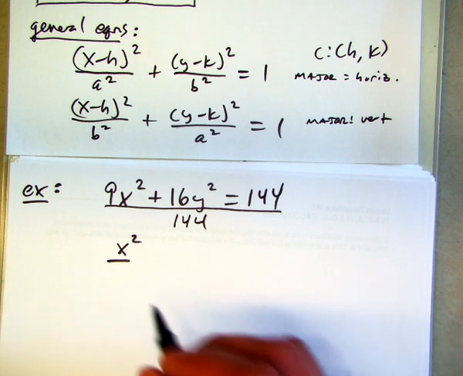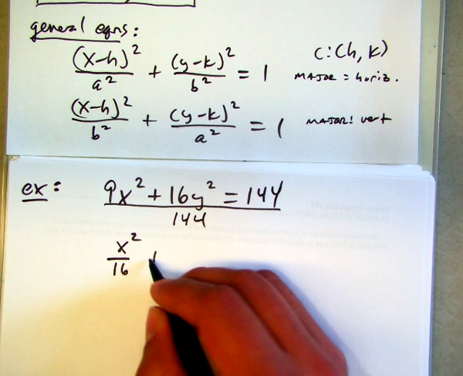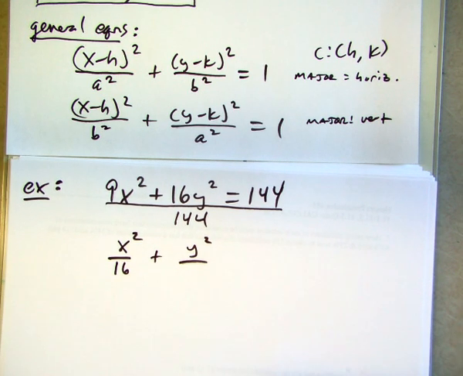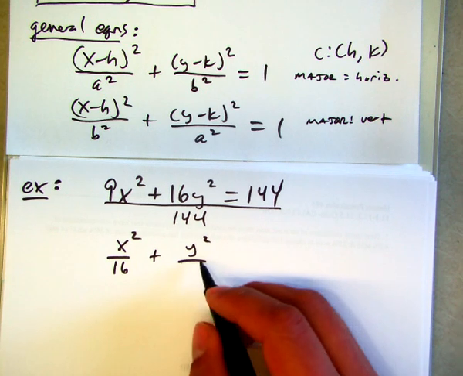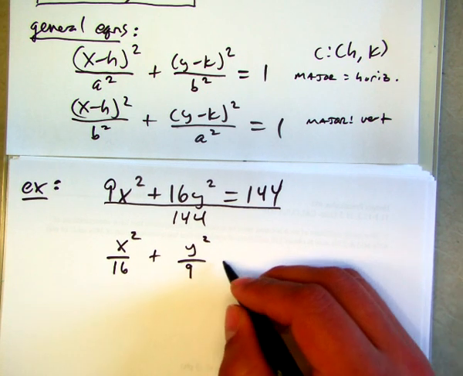And then what's the next one? It's going to be 9, right? So x² over 16 plus y² over 9 equals 1.